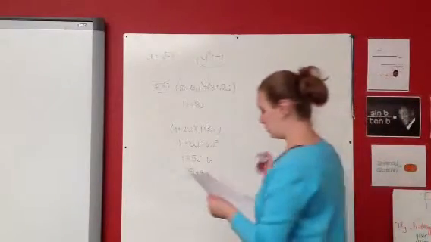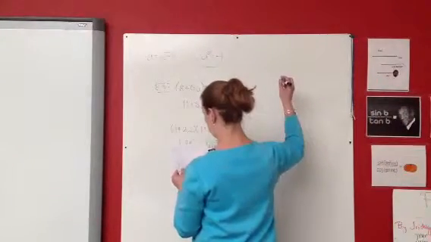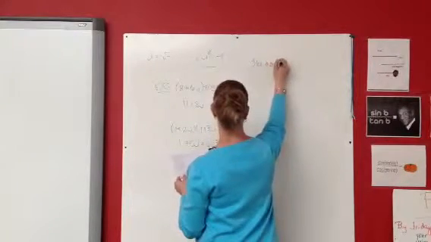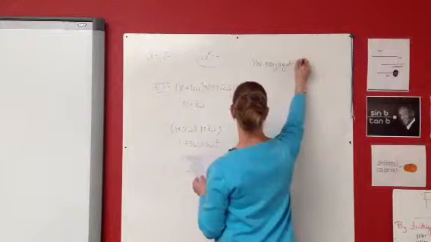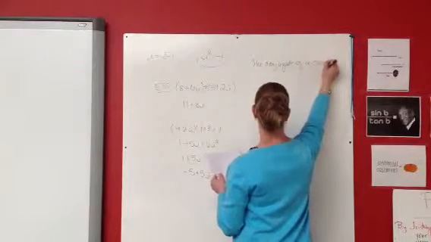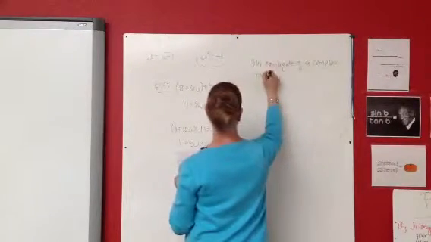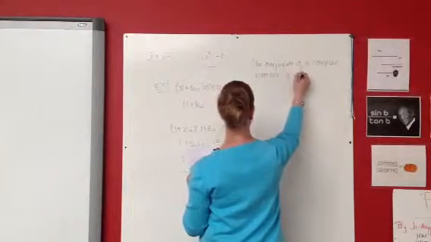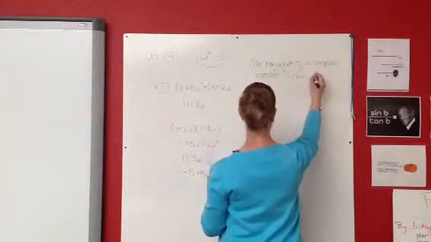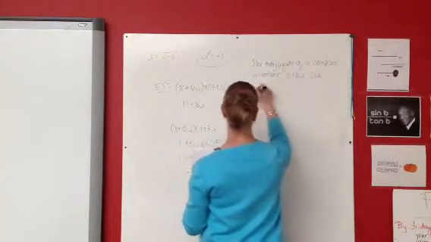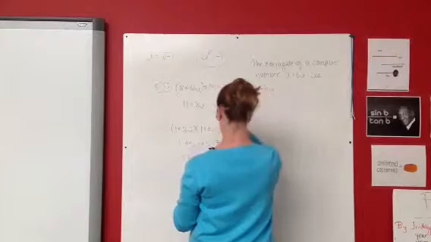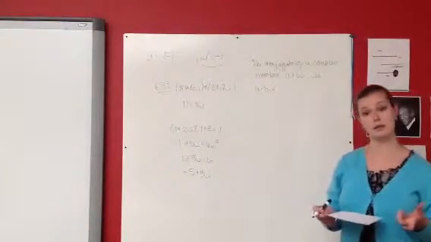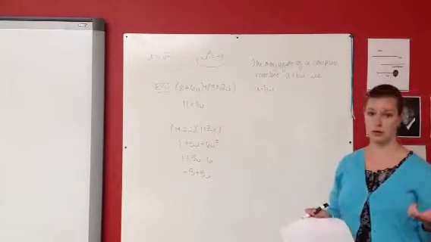Okay, the conjugate of a complex number a plus bi is a minus bi. And conjugates are useful because the product of conjugates yields a real number.